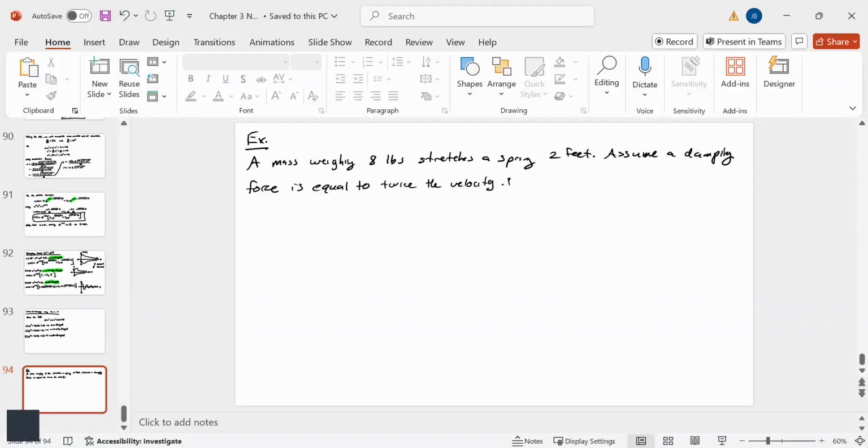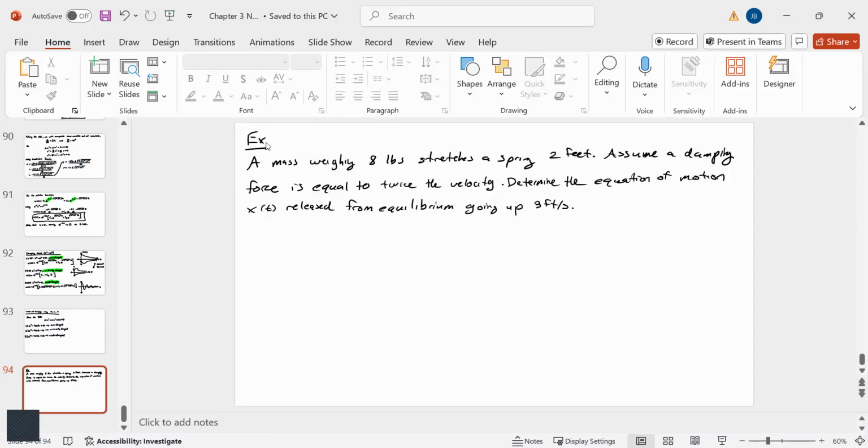Determine the equation of motion, x of t, if the mass is released from equilibrium going up 3 feet per second.